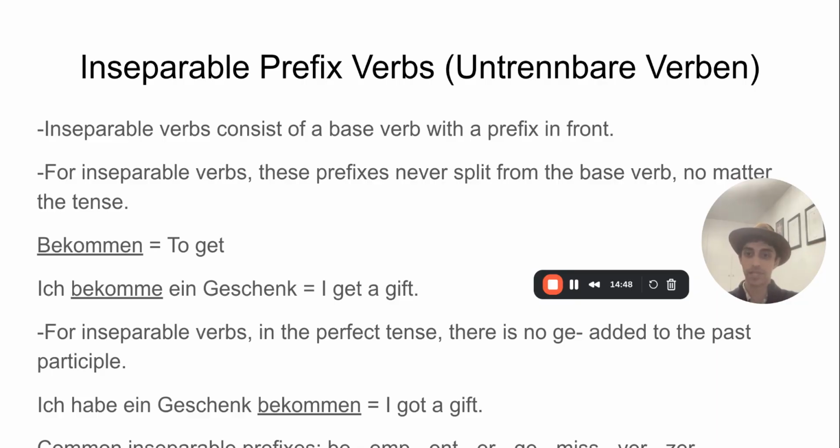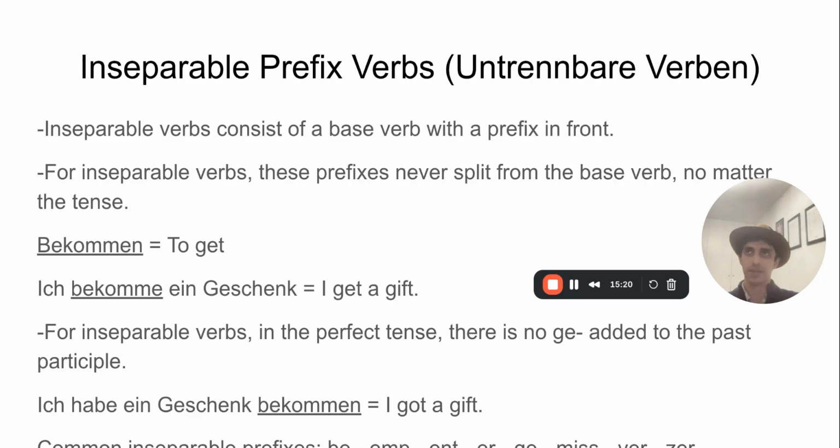So if we look at this sentence in the past or perfect tense, that would become, ich habe ein Geschenk bekommen. I got a gift. So again, we've got the subject pronoun ich, meaning I, the auxiliary verb habe, the direct object, ein Geschenk, the thing that you got or received, and then the past participle bekommen, which notably doesn't have a ge in there, which is unusual for German past participles and only really occurs with inseparable prefix verbs.